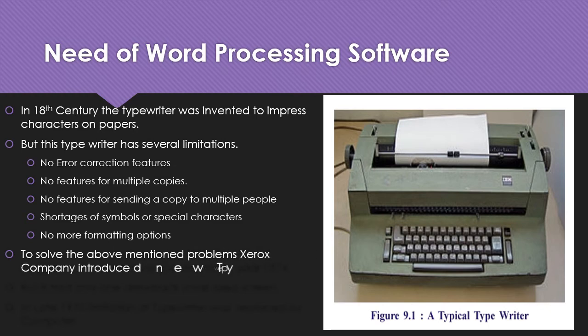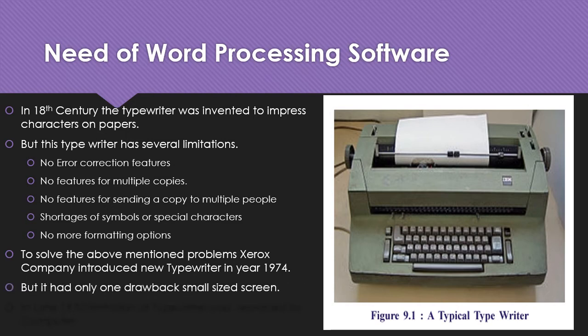To solve the above mentioned problems, Xerox company introduced a new typewriter in 1974. But it had only one drawback, a small size screen. When Xerox introduced this new typewriter in 1974, it solved all the problems of the previous typewriter.